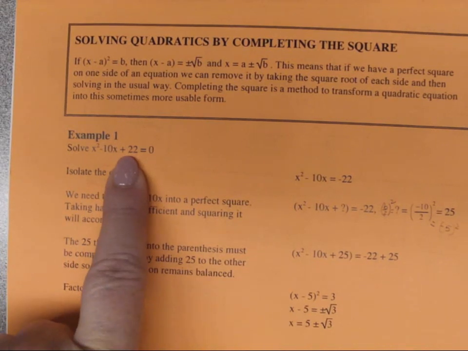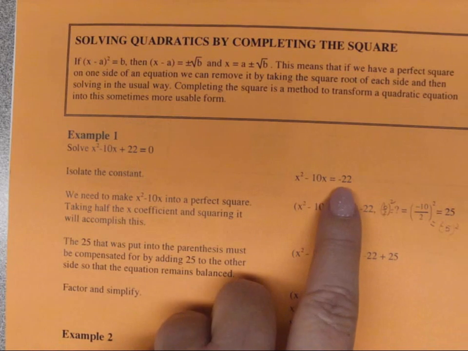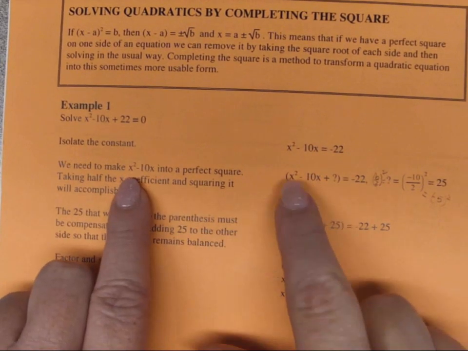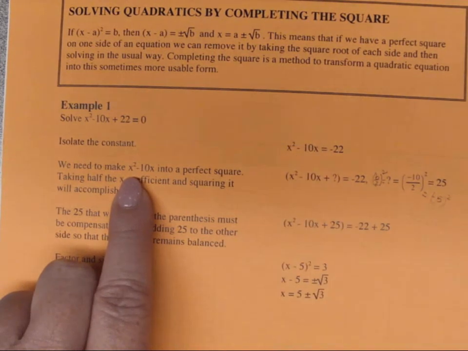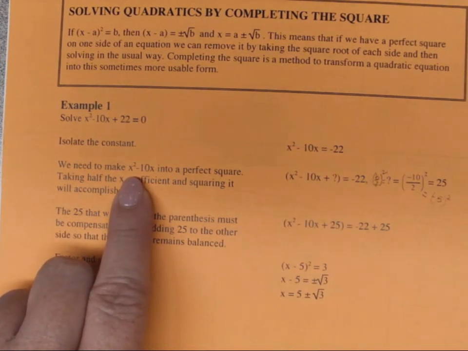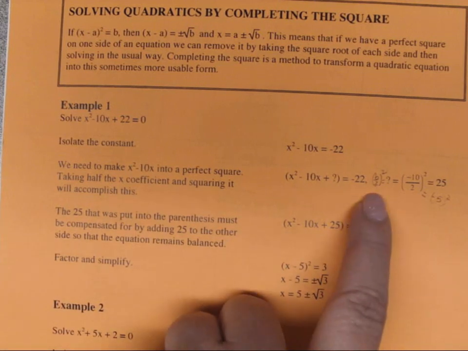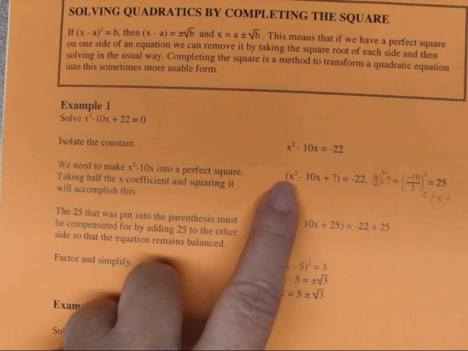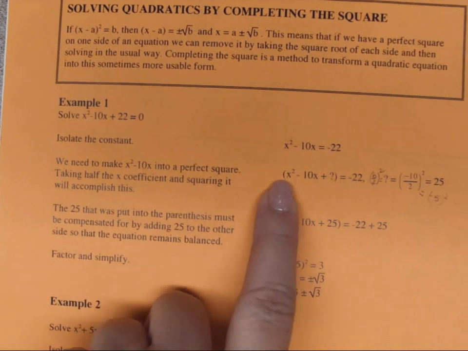So we're going to move the 22 to the other side by subtraction. And then we need to make this x squared minus 10x into a perfect square. And the way that we're going to do that is take b divided by 2. It would be b over 2a, but we've got the a as a 1, and you want that as well.